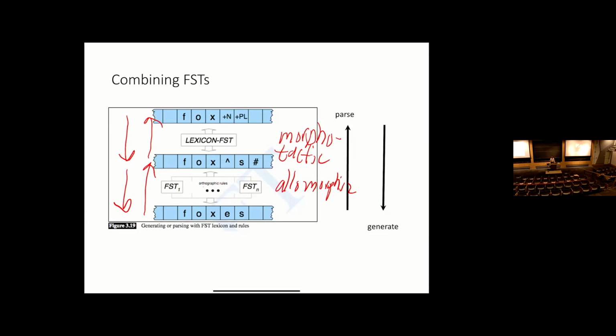So we can take the same FST that we used to take morphemic forms and convert them to orthographic forms and invert it, and we have an FST that will go in the opposite direction. So we can use the same pair of FSTs both to parse and to generate, which is very cool, I think.